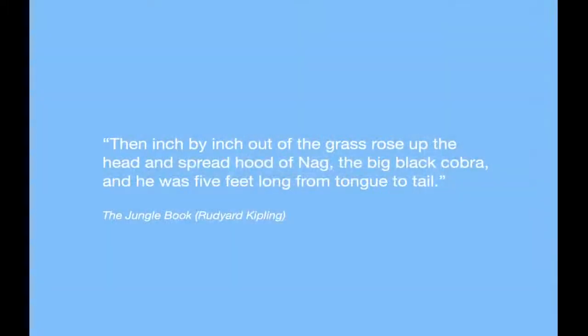Have a look at the sibilance now. Here we've got inch by inch, out of the grass, rose up the head and spread hood of Nag. So there's the beginning is all that sibilance, all that danger, all that fear. Then you've got the shape and structure of the impending, explosive and powerful snake that's coming ever closer.